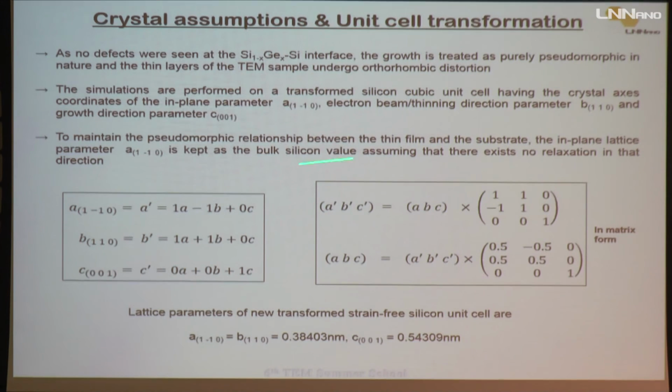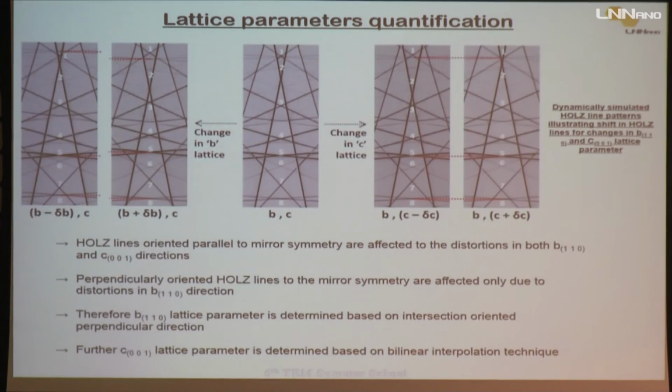So using these 3 assumptions, I transformed my unit cell, and at the end I got A equal to B equal to 0.38403 nanometers, and C as 0.54309 nanometers for the transformed silicon unit cell. Using this transformed unit cell, I did all the simulations using GEMS, and now it's easy for me to understand how to quantify the whole sign patterns.